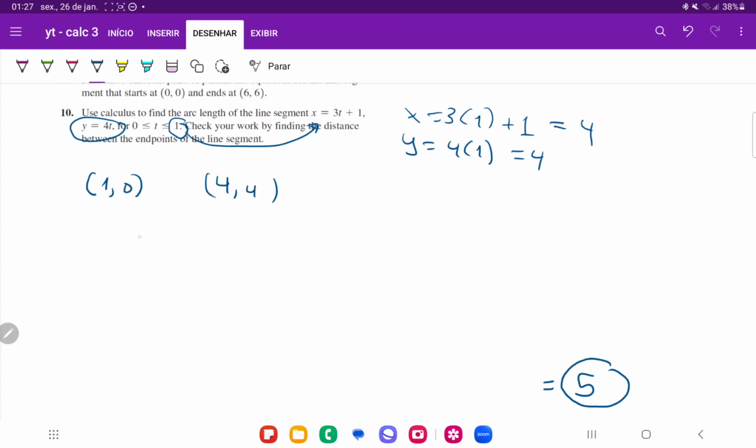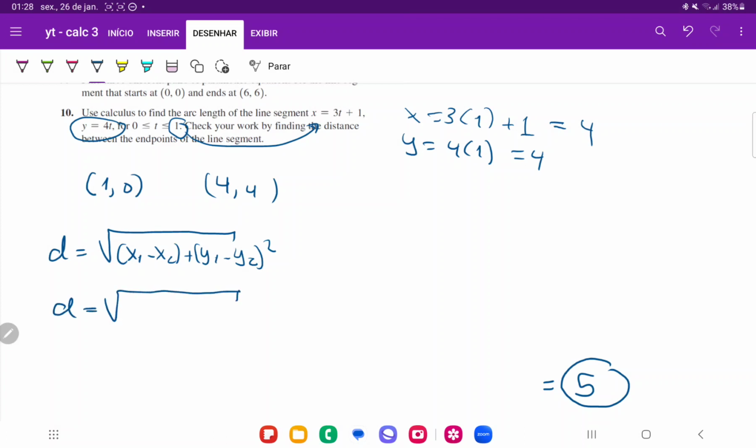So if we find the distance between these, remember that the distance is just going to be the square root of x1 minus x2 squared plus y1 minus y2 squared. Let's call this x1, y1, and x2, y2. So we're going to have, oops, I forgot a square here.